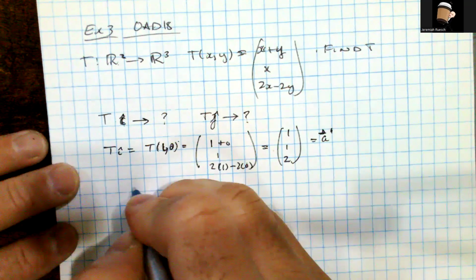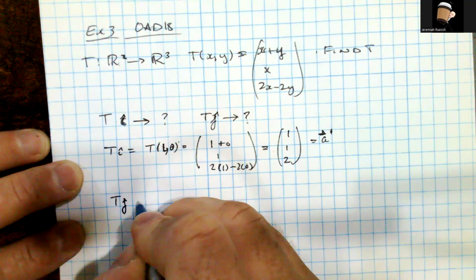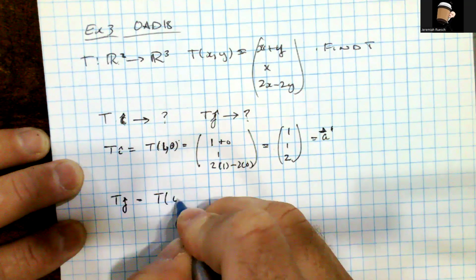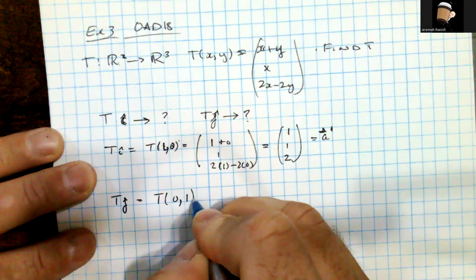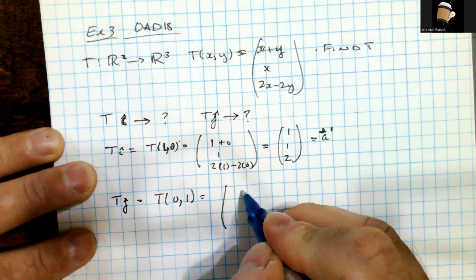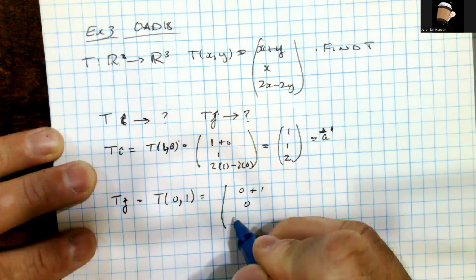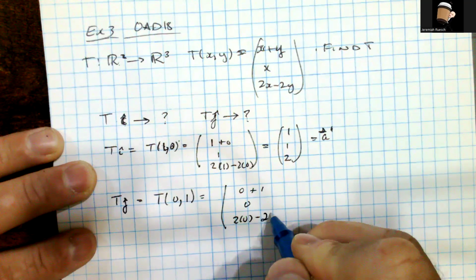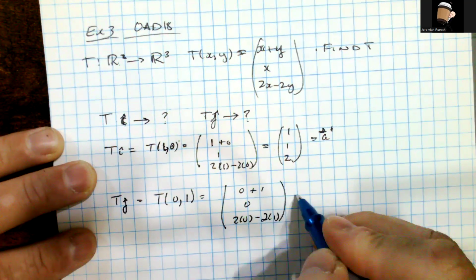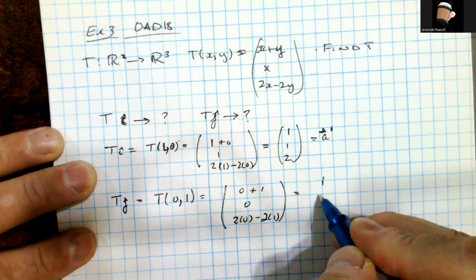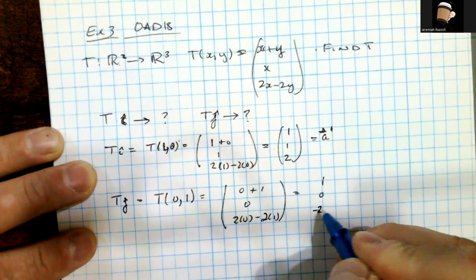So let's figure out again what happens to j hat. Well, that's the transformation of (0, 1), which is going to equal 0 plus 1, 0, and then 2 times 0 minus 2 times 1, which is going to give us 1, 0, and negative 2.